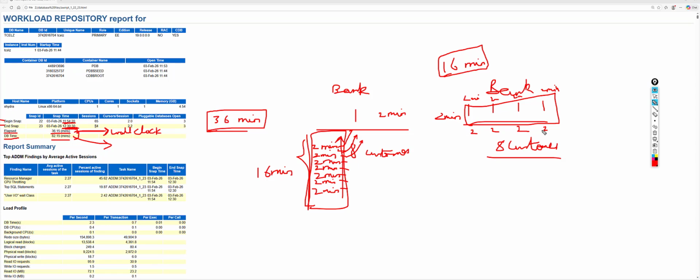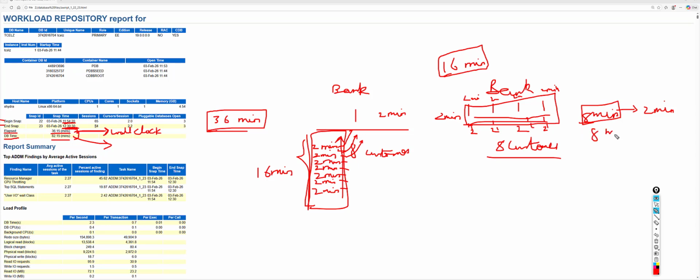If two customers are served per counter, the first row will be 1 1 1 1, so first 8 minutes. These 8 minutes will be further reduced to 2 minutes because 4 different people are working at the same time. Again the next row 1 1 1 1, 8 minutes, again 2 minutes.